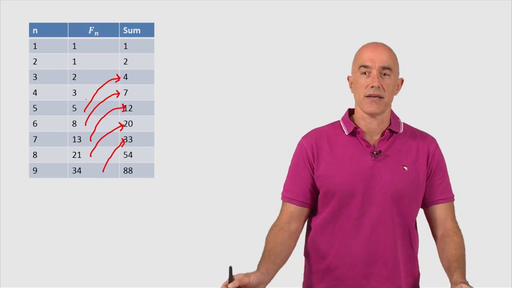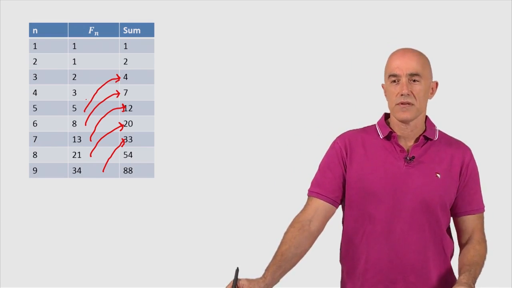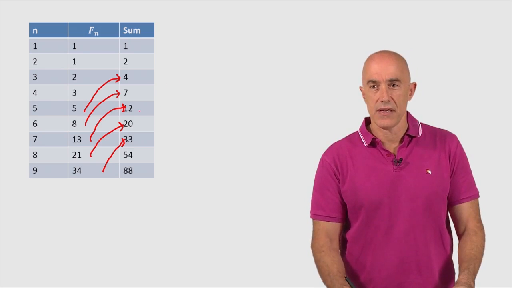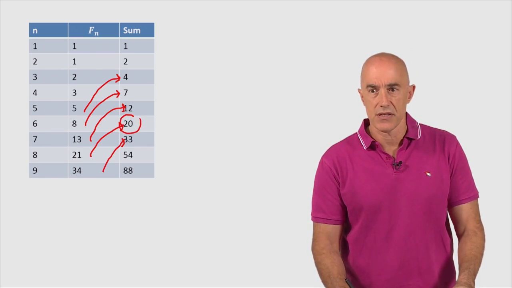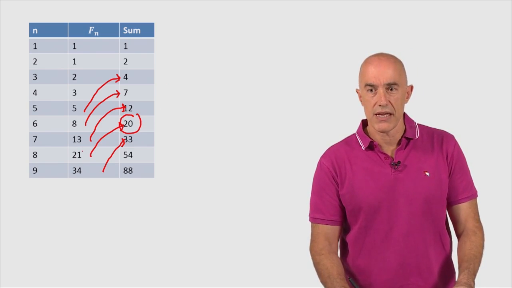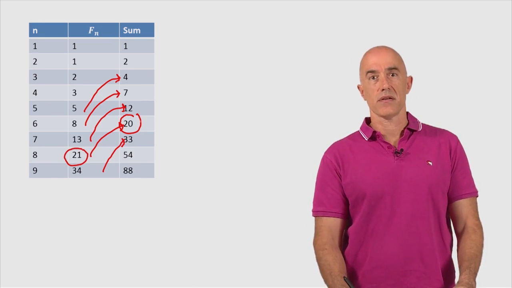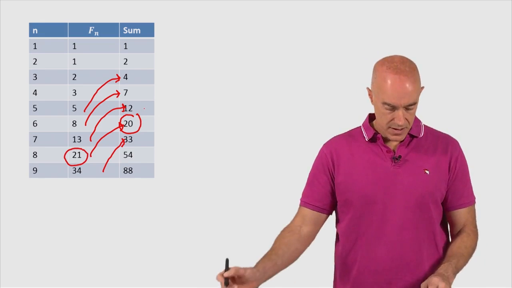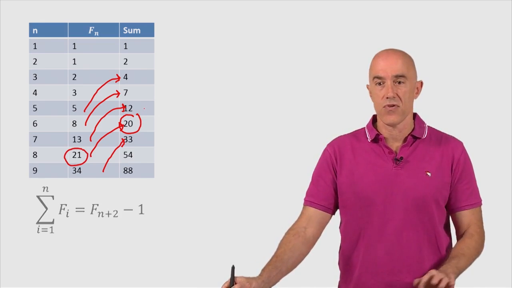So this looks like a general rule: the sum of the first 6 Fibonacci numbers looks to be related to the 8th Fibonacci number minus 1, right? 1 less.